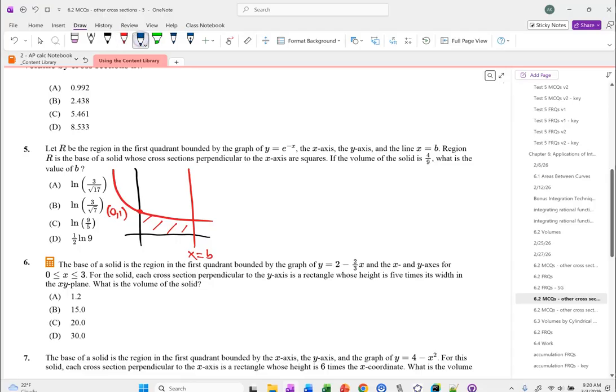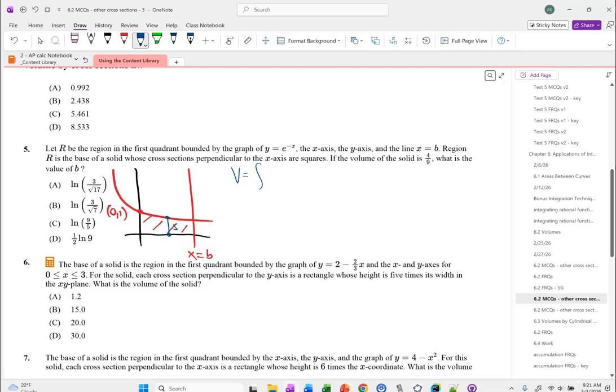Okay. And we're told that the cross sections perpendicular to the x-axis are squares. So that's my side of a square there.